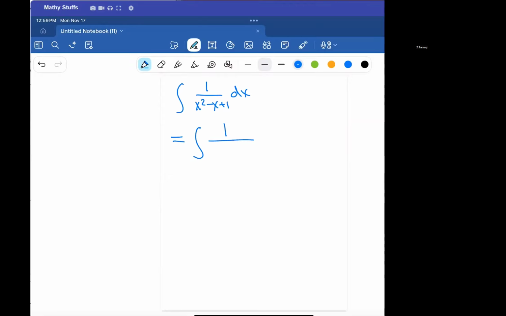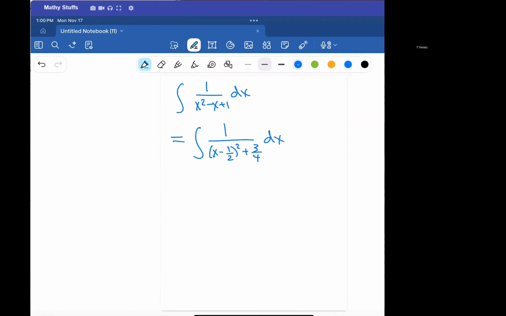So the x squared minus x plus 1, complete the square and rewrite that as x minus something squared plus something else squared. What you will get if you do that is that this has to be x minus 1/2 quantity squared plus 3/4 dx.